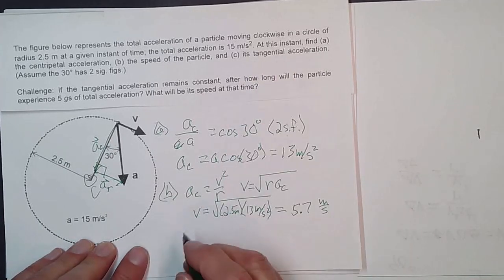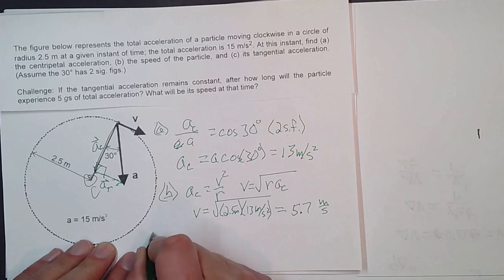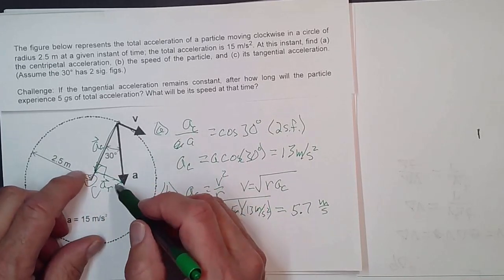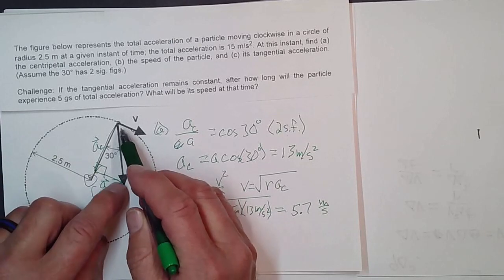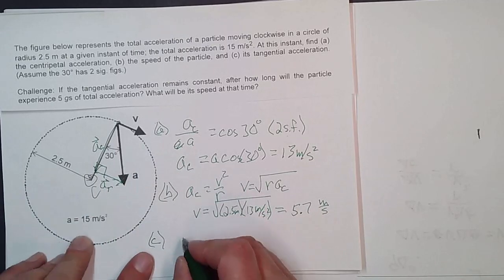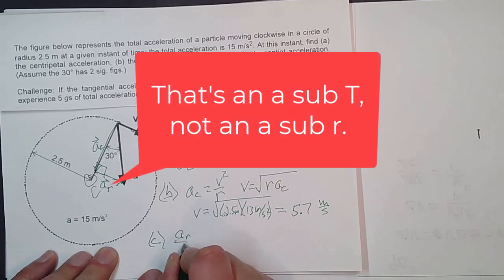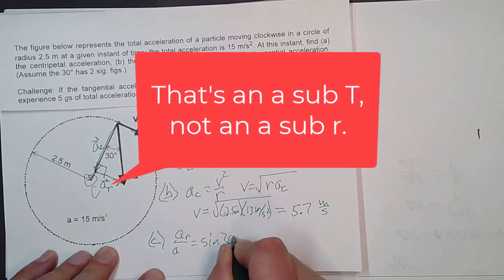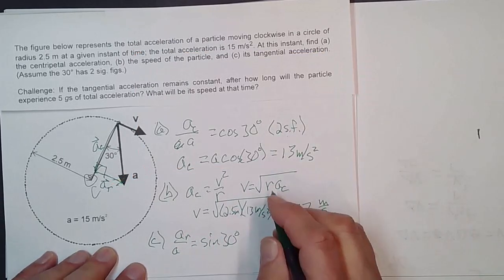C is asking for its tangential acceleration at that instant. Oh, I can just look at this little triangle here. The tangential acceleration divided by A will equal the sine of 30. So A sub t over A is the sine of 30 degrees, 2 significant figures again.